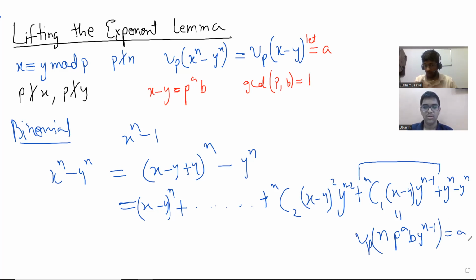But why can't a greater power divide the whole expression? Because if a plus 1 is the greater power, then it will divide the other terms, but it will definitely not divide this term in the expression.